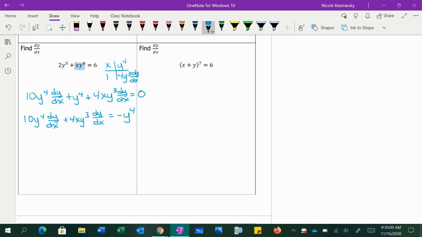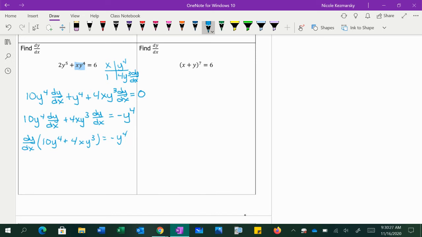Now since both of those terms have a dy/dx in them, I can factor that out. So I can say dy/dx times 10y to the fourth plus 4xy cubed equal to negative y to the fourth.